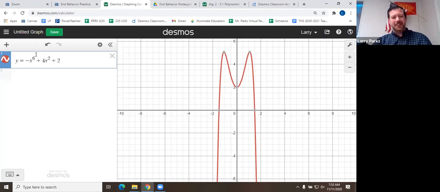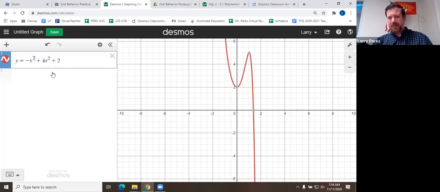Okay, now notice if I change this to a 7, then it's going to go up on the left. But we know it's going to go down on the right no matter what because of the negative leading coefficient. No matter what I change that to, it's still going to go down.